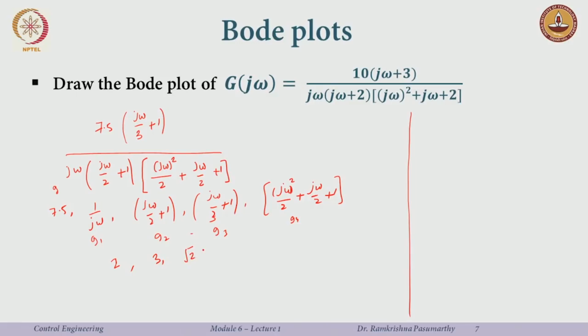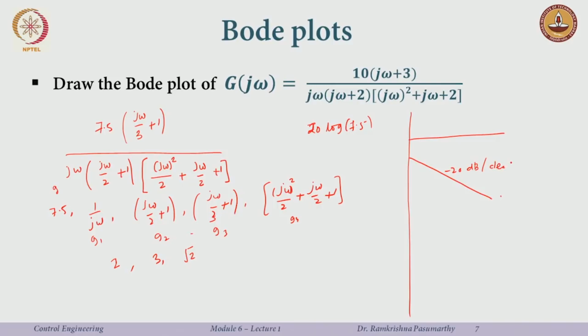Okay. So, let us try to plot this individually. So, the first one, the magnitude would be 20 log 7.5, right. So, it will be a straight line of that appropriate magnitude. And then okay, I am not really out to scale, but then 1 over j omega would be something like this, with the slope of minus 20 decibel per decade.